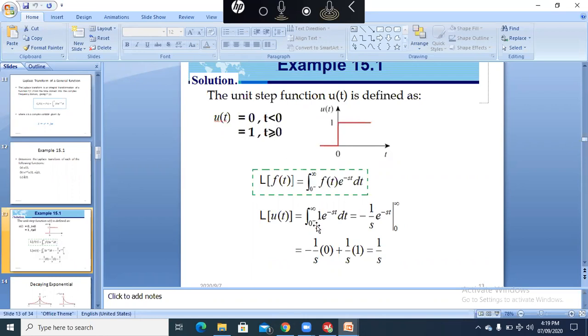So we can integrate the function from 0 negative to infinity. Its value is 1 e to the minus st dt, and that is minus 1 over s e to the minus st from 0 to infinity, and that is minus 1 over s plus 1 over s into 1, and that is equal to 1 over s. So for 1, the Laplace transform is equal to 1 by s.